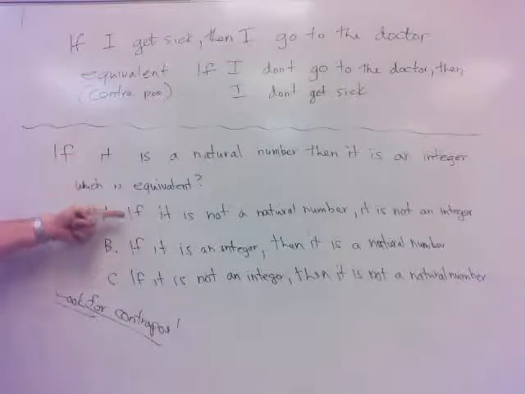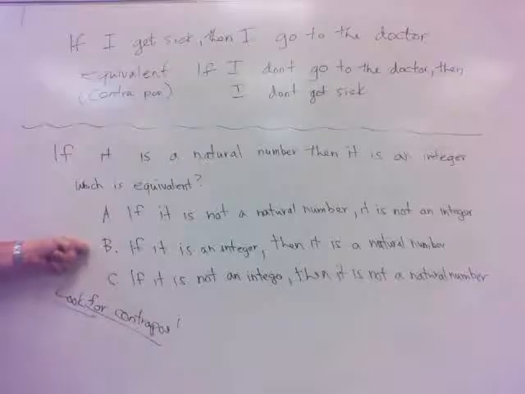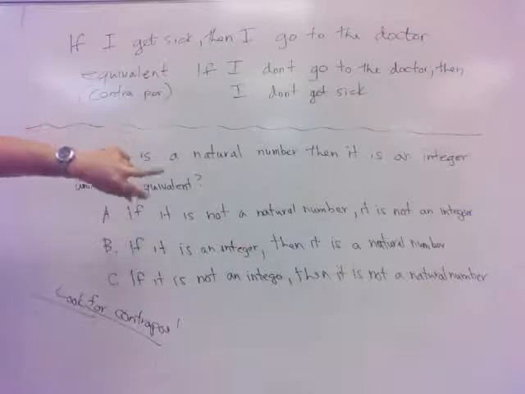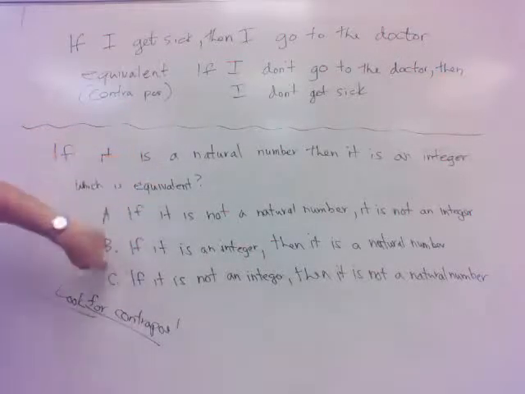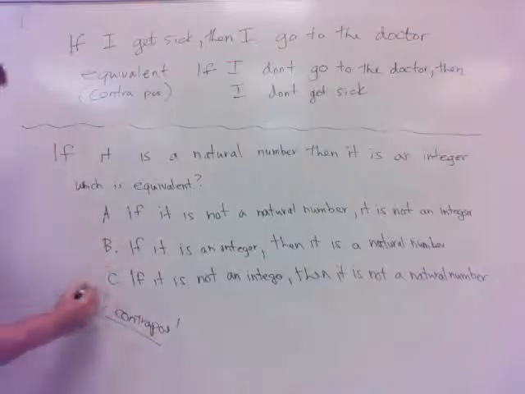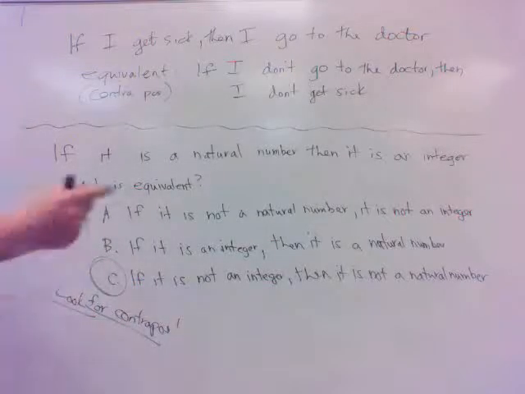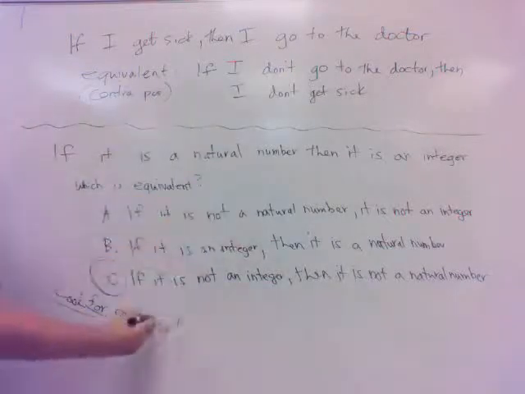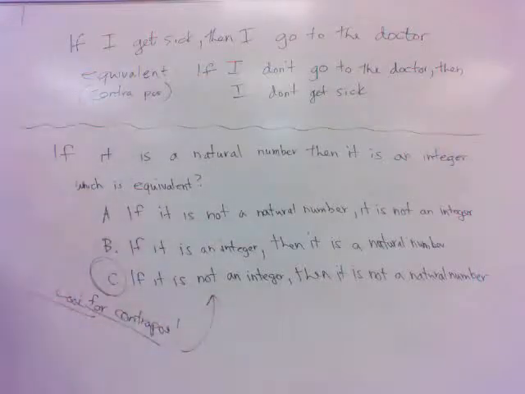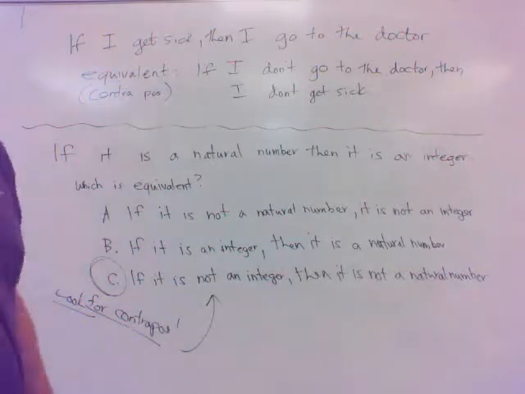Same order, but it is the negation. I need the flip in there. B is just the flip, isn't it? It flipped them, so that's not the contrapositive. What about C? C is it, isn't it? Because that both flips it and negates it. The contrapositive is always equivalent to the original statement. So that's what you want to do on those. Okay? If it asks that way.